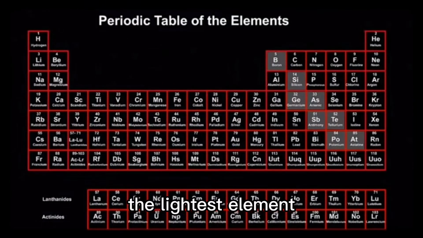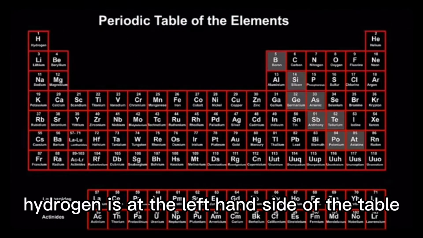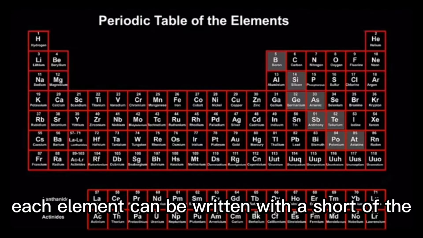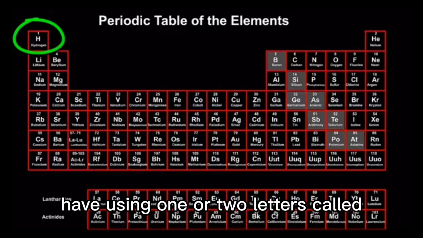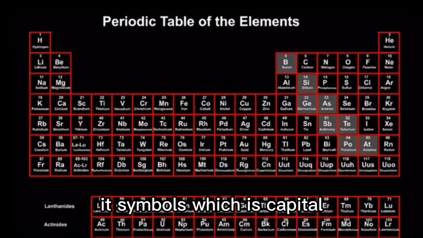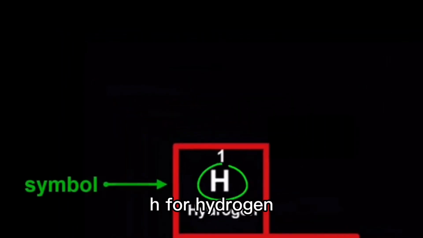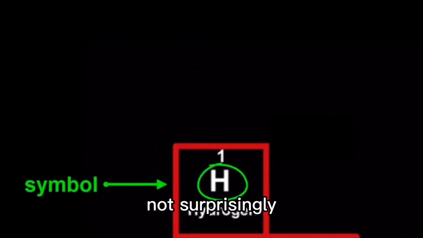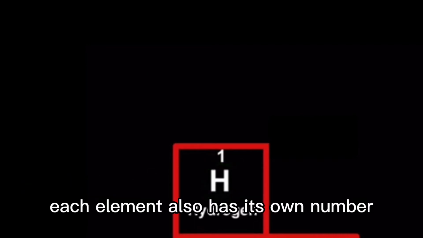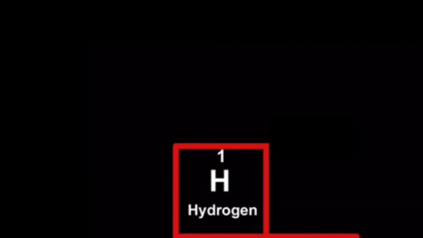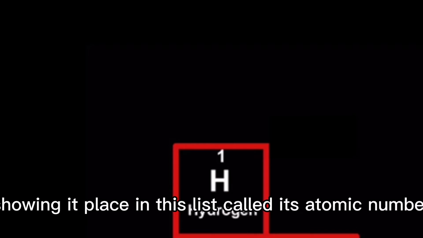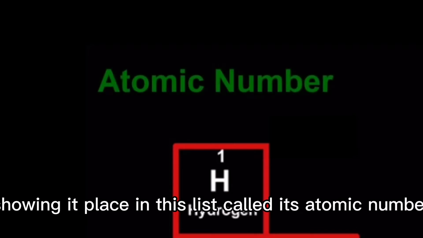The lightest element, hydrogen, is at the left hand side of the table. Each element can be written in shorthand using one or two letters called its symbol, which is capital H for hydrogen, not surprisingly. Each element also has its own number, showing its place in this list, called its atomic number.